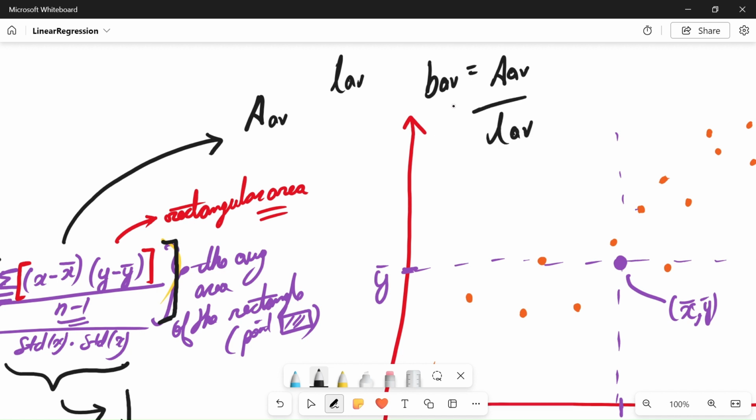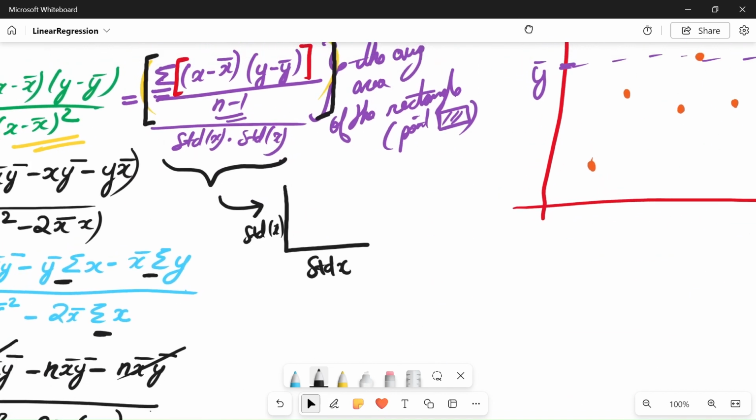This is what it is. Whatever length you choose, the breadth will come correspondingly. So this is the liberty that you have. I need to take advantage of this liberty and choose some standard values. And what's more standard than the standard deviation itself? So that's why.